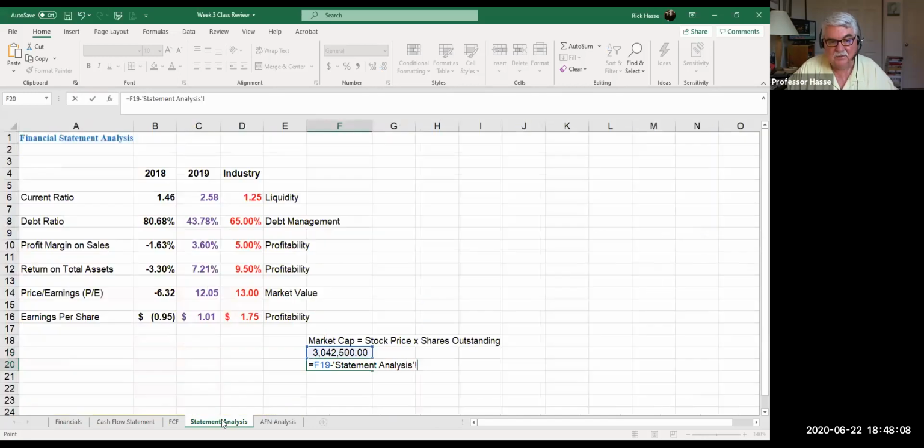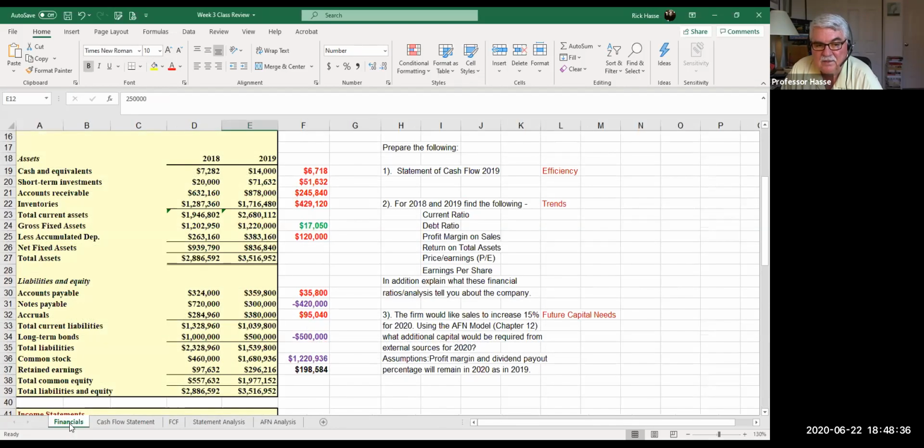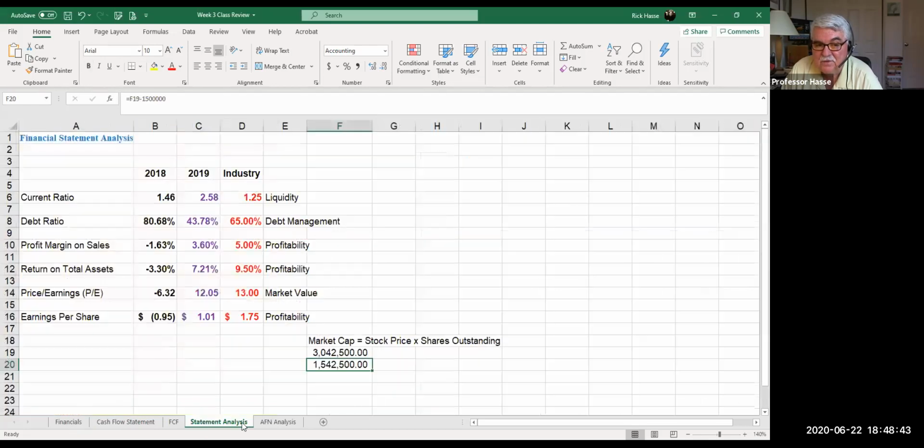If I subtract out $1.5 million, I get an equity position of $1.542 million. That's the intrinsic value of this company. The market cap minus the debt position, that's what's left over. Currently, this company has a pretty good equity position of 1.9. But this is the true value of the company.